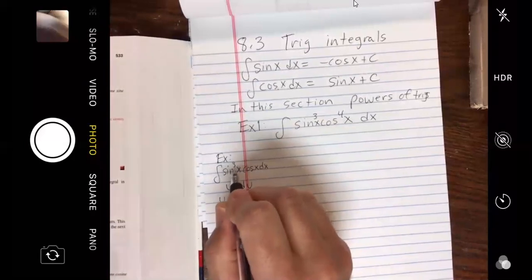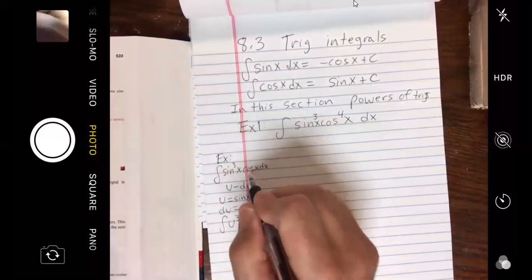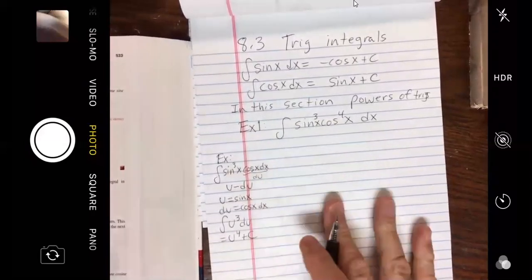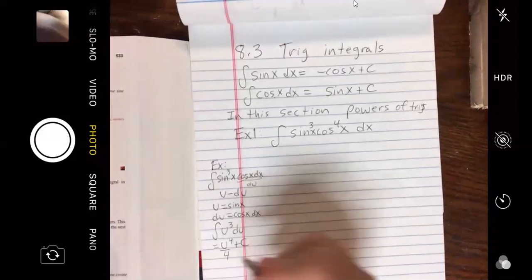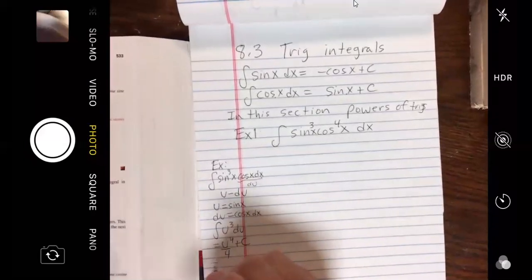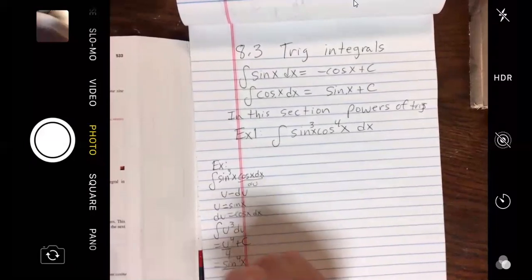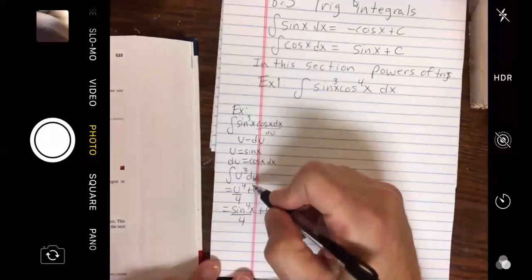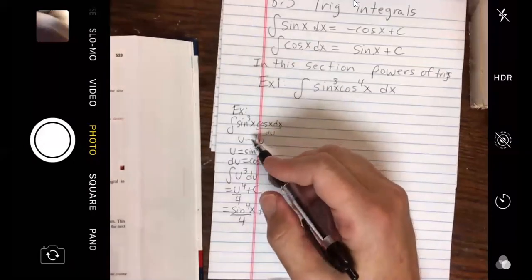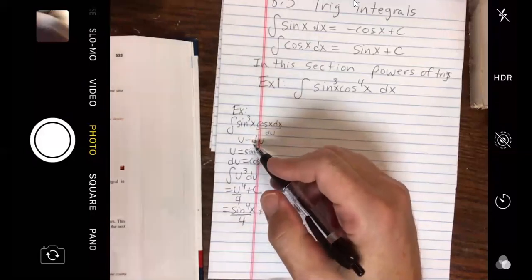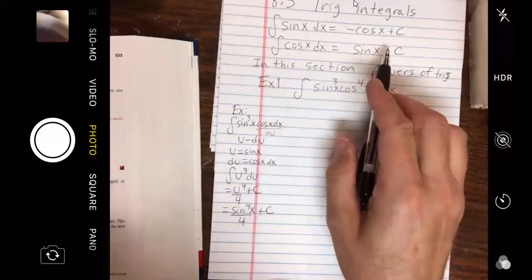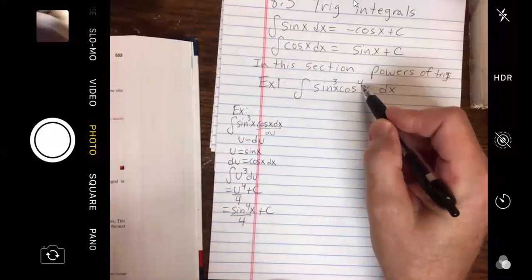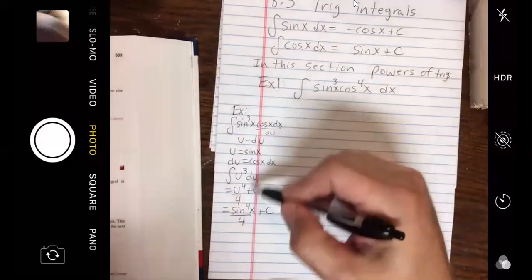U cubed, u is straight sine, so sine cubed is u cubed, and this is your du. And you get u to the fourth plus c over 4. And that is sine to the fourth of x over 4 plus c. So they will mix some of these in on you, and if you can spot it, you don't have to do what they're doing in this section. But by raising that to a fourth power, they've totally screwed this up. This doesn't work.